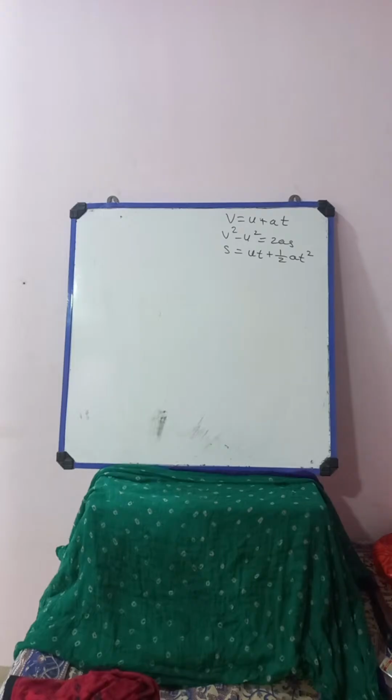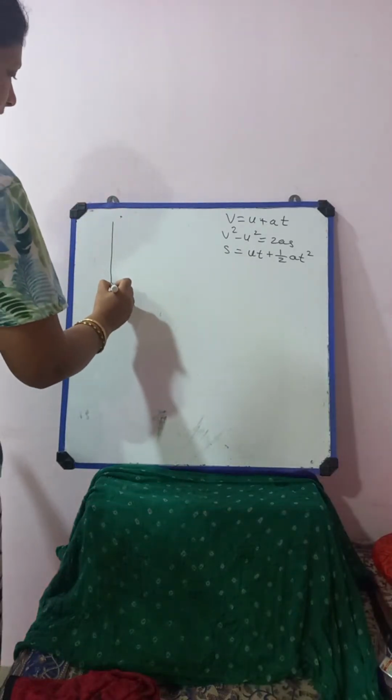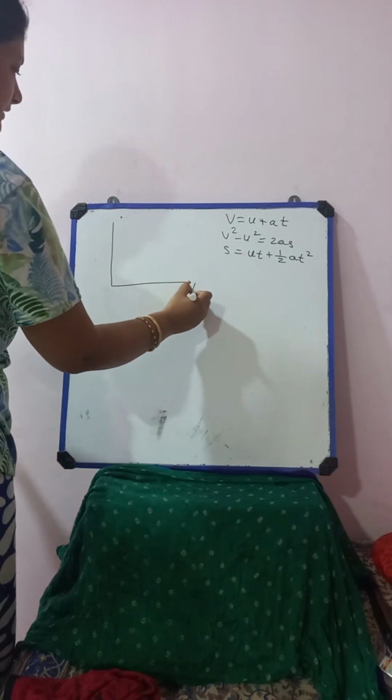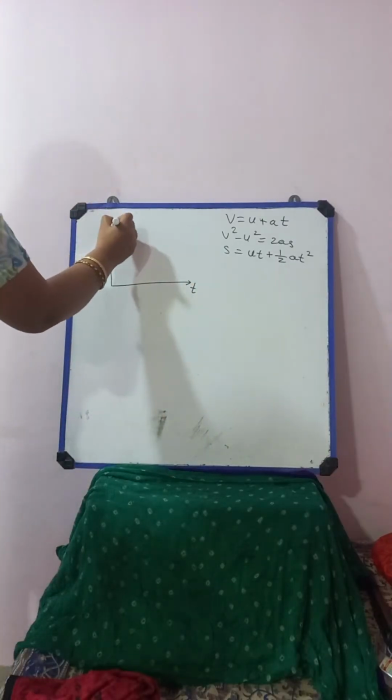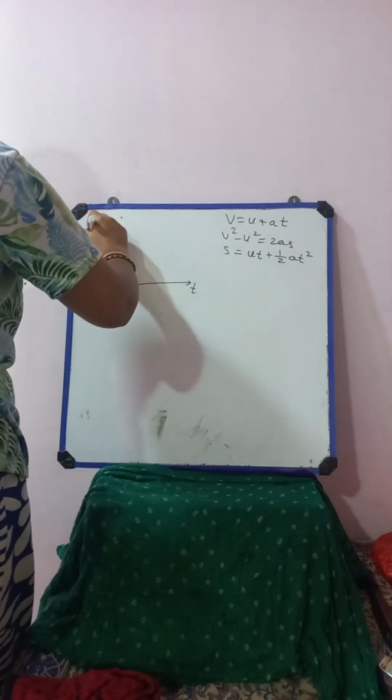First we are doing the normal graph for velocity and time. Suppose we have a graph where the x-axis is time and the y-axis is velocity.